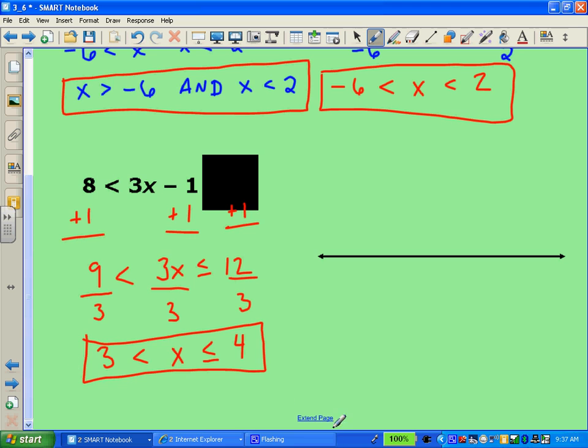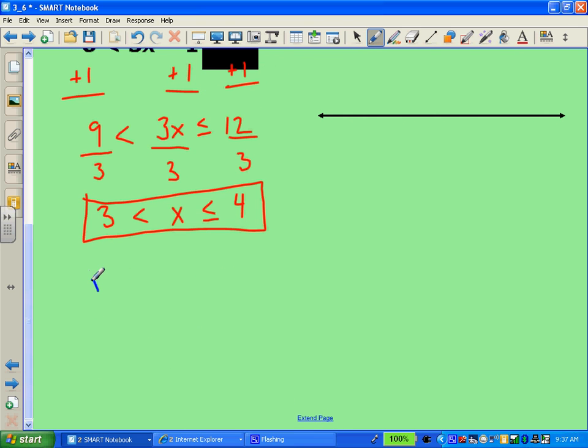Now sometimes this is confusing, so like I said, you can write them out separately. This actually says x greater than 3 and x less than or equal to 4.